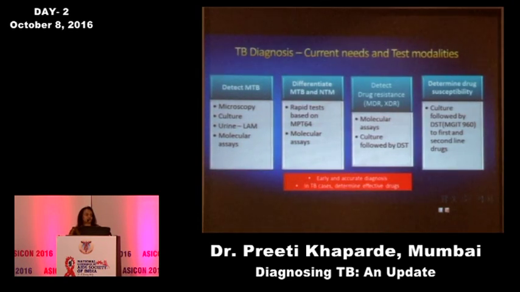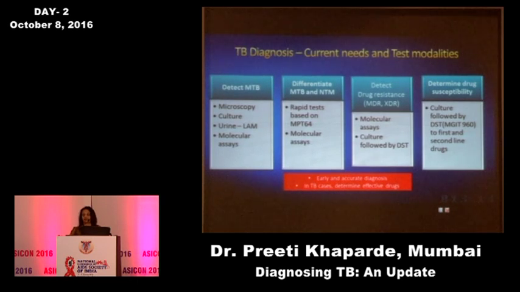In an HIV-infected population for TB diagnosis, the modalities that are commonly used are sputum smear microscopy, culture, Xpert MTB/RIF assay, and urine LAM assay. What I'd like to emphasize here is that it is not only important to detect tuberculosis, but simultaneously also detect drug resistance.